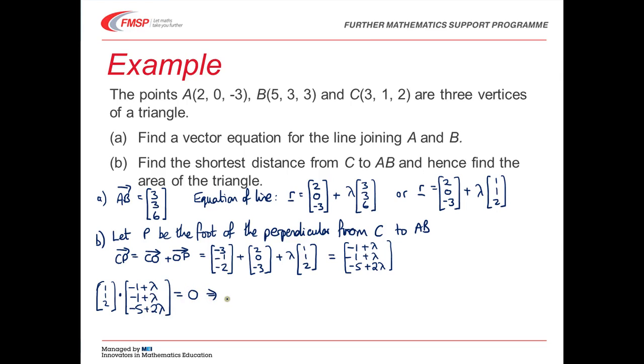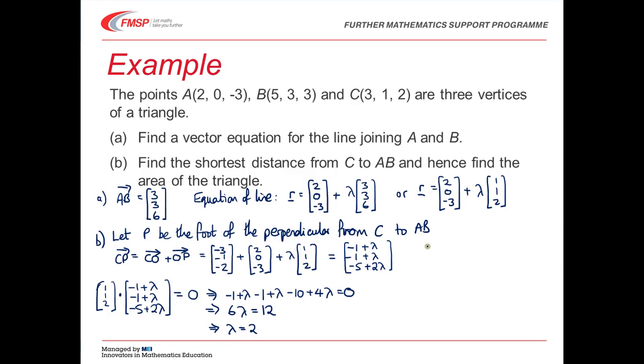So if I actually do that dot product, 1 times (-1 plus lambda) is -1 plus lambda, and the same again for the y, and then 2 lots of (-5 plus 2 lambda), so -10 plus 4 lambda. That must equal 0, and that means that 6 lambda equals 12, and therefore that lambda is 2.